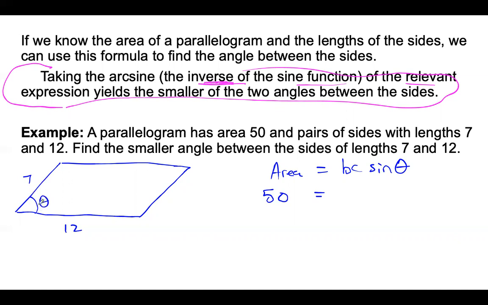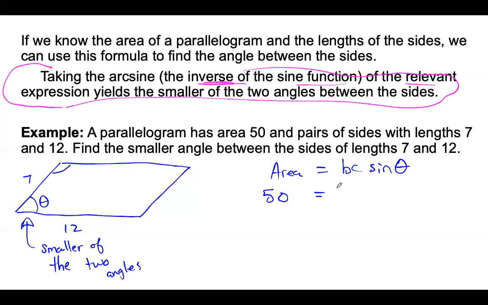So this smaller angle, not this larger angle over here, because that would be bigger than the smaller one. Because there's two angles. It doesn't matter which side is B and C, as long as this is the smaller angle.